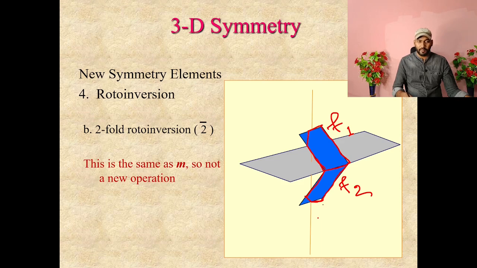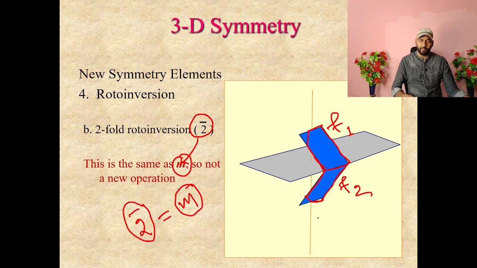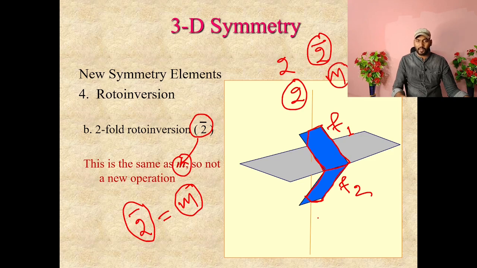That's why 2 bar is considered as a mirror plane. 2 bar equals M. So instead of 2 bar, we can write M. In the monoclinic system, we have three classes: 2, 2 bar and 2 by M. This 2 bar is otherwise known as M. So we have 2, one class, M, one class, and 2 by M, another class.